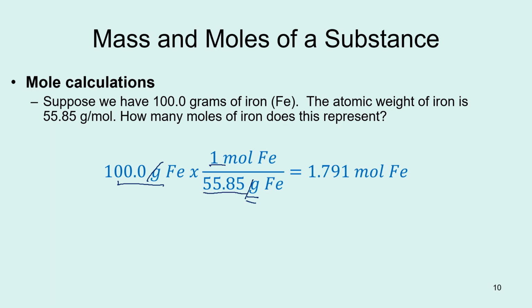Remember that the mole is always equal to 1. 1 mole equals the mass in terms of grams. So sometimes the 1 will be on the bottom, sometimes it'll be on the top. So if I take 100 times 1 divided by 55.85, I get 1.791 moles of iron. Notice that sig figs, I started with 4 sig figs. I used 4 in this term, so I'm keeping 4 in my answer.